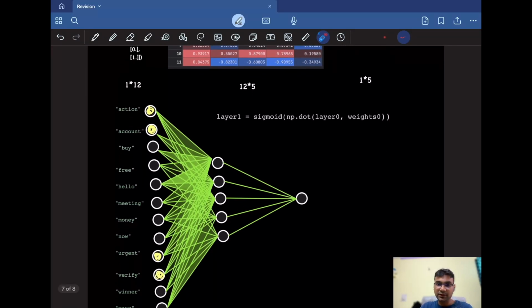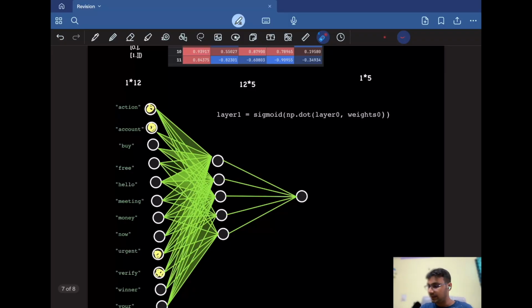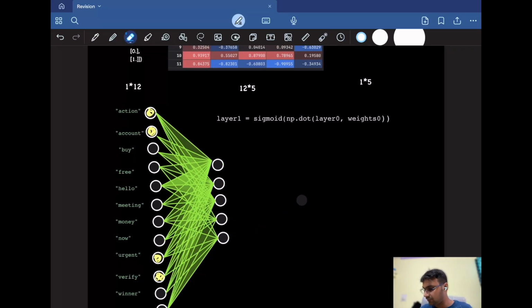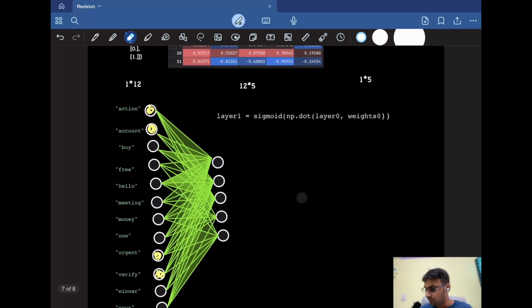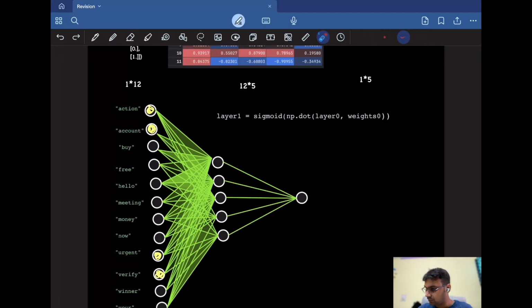After the forward propagation is done, the next part is the loss function. Based on the random weights and bias that we have taken initially, the final layer will have some value. The loss function represents how much this value is deviating from the actual value.